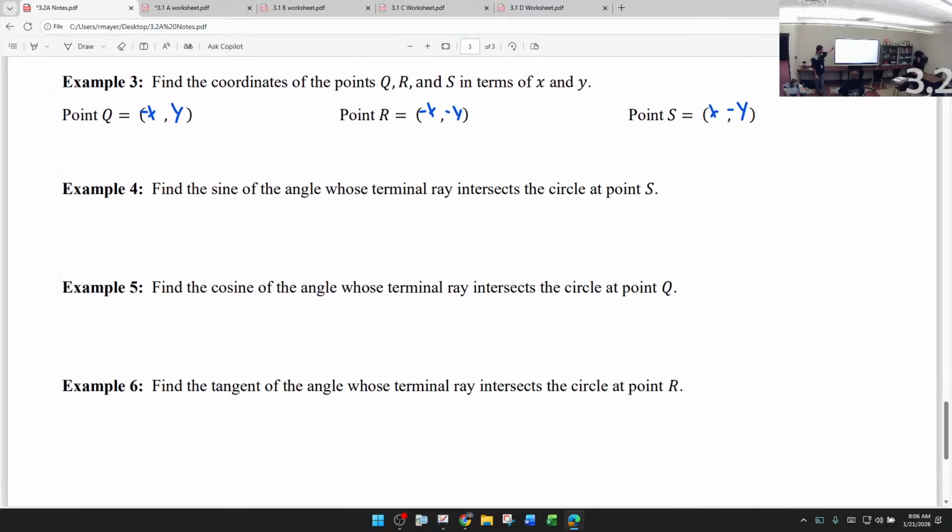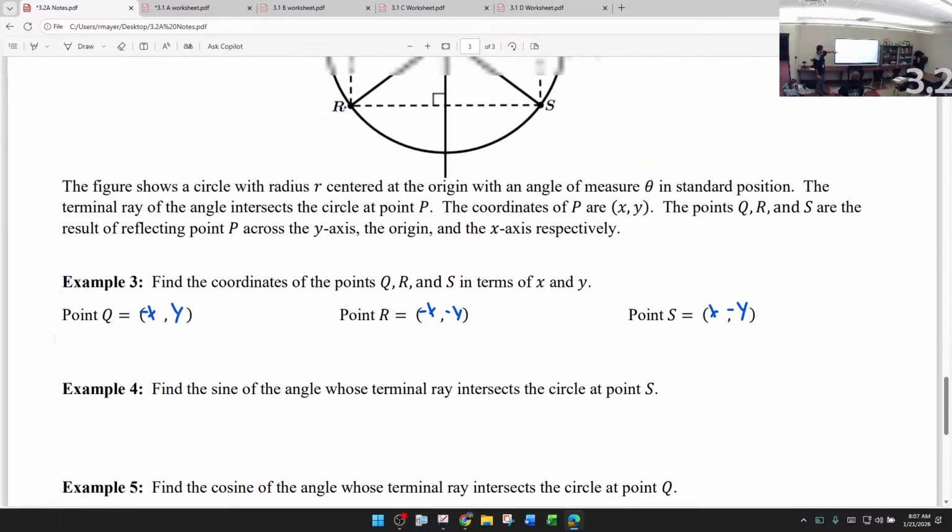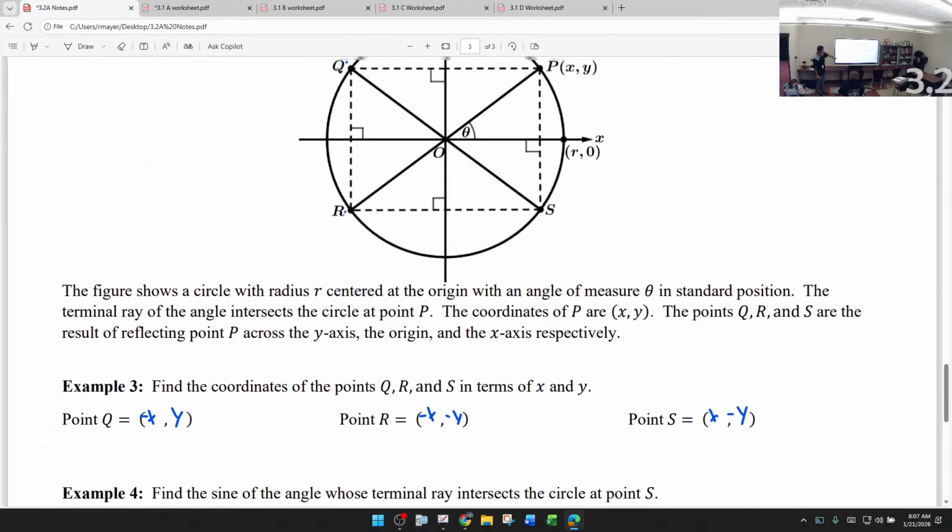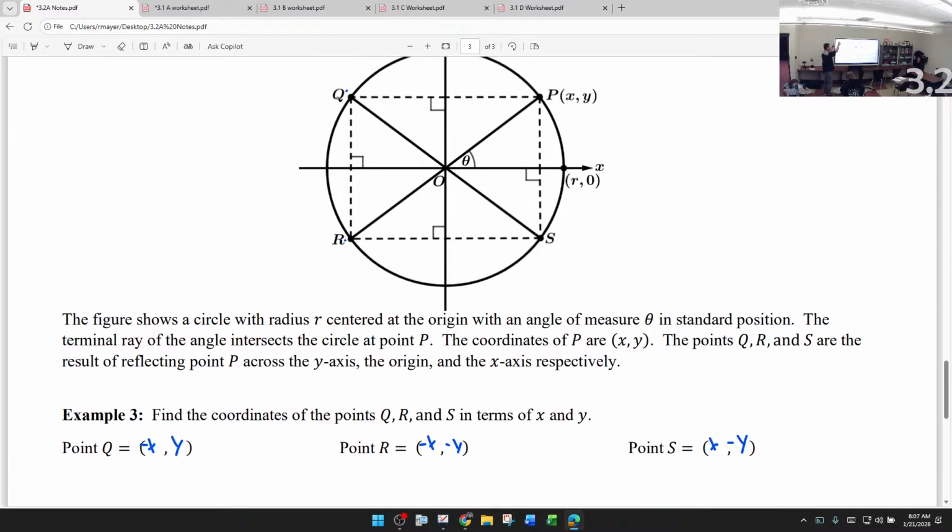Find the sine of an angle whose terminal ray intersects the circle at point S. This is negative Y. This is X. You're going to miss this because of negatives and positives, so just be careful.